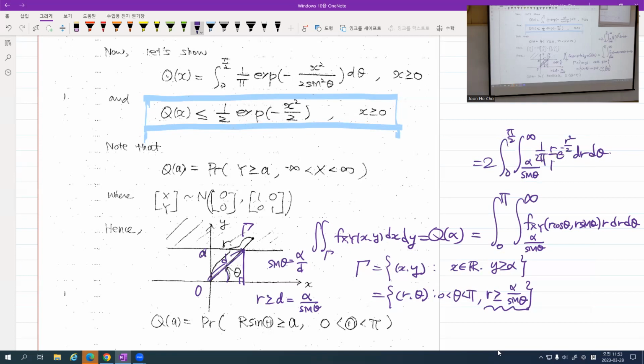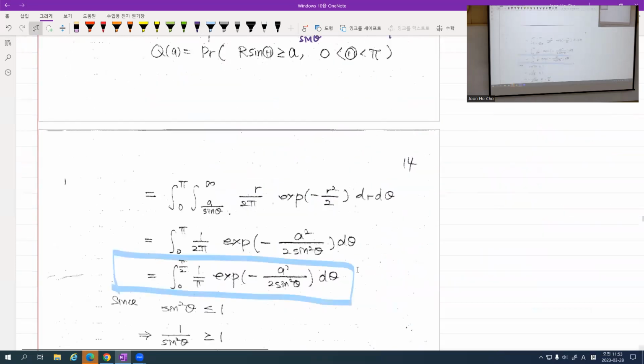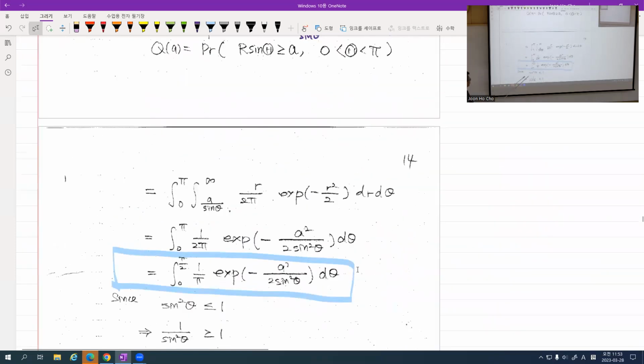So we just simply plug in, and then we have this expression. Got it? And now we've got the equality. We should not stop here. We have to visualize it. So let's visualize this one.